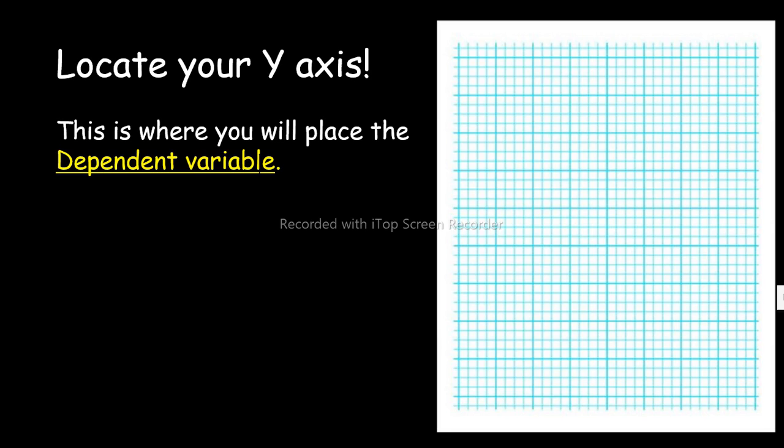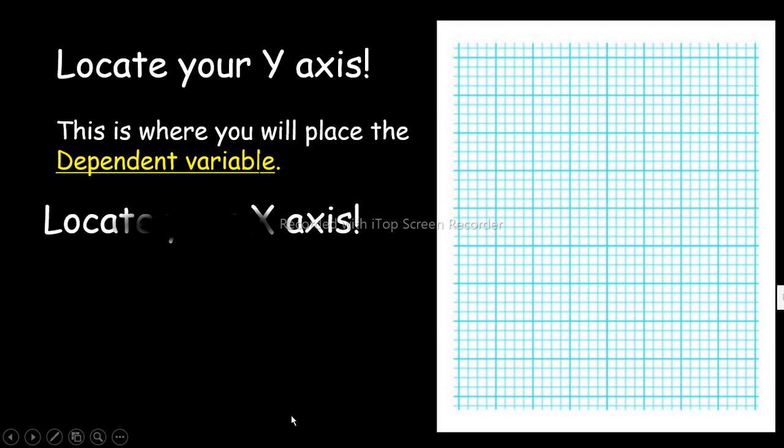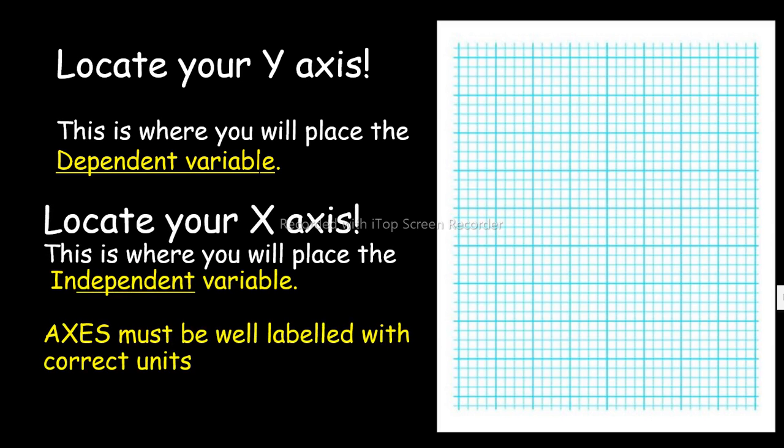Somebody asked that question. Now here is the answer to that question. On the vertical axis or on the y axis, we put the dependent variable. And on the x-axis, that is the horizontal axis, we put an independent variable.